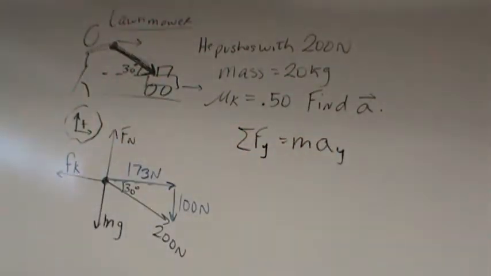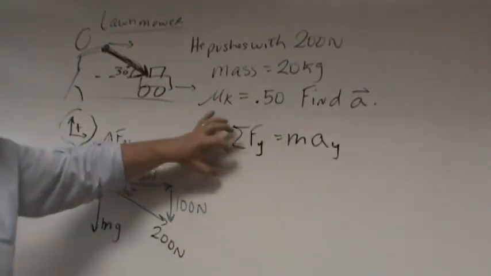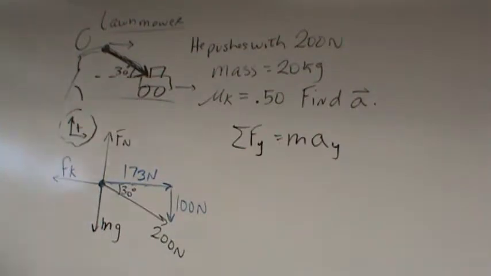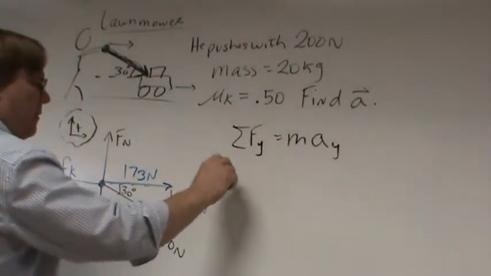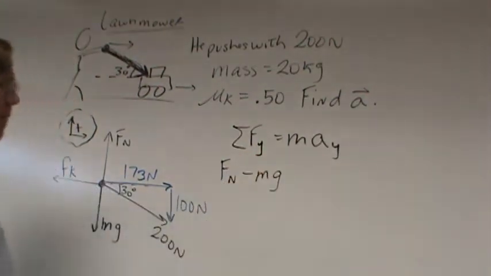Sum of the forces in the y direction equals may. I got normal force pointing up. Remember, on the left side of the equal sign, you just list all your forces. I got normal force pointing up, so he gets to be positive. I've got mg pointing down, so he gets to be negative. Do I have any more forces acting in the vertical direction? Which one? Yeah, the 100, positive or negative?